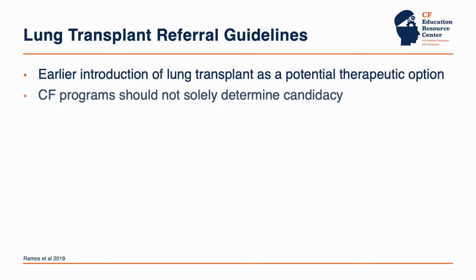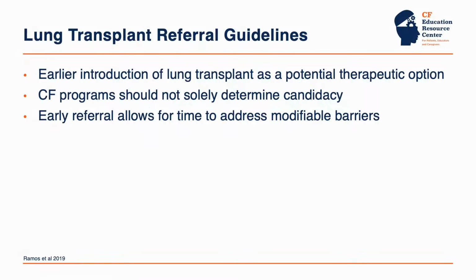So the other parts of these referral guidelines, if we summarize what the recommendations are: earlier introduction of lung transplant as a potential treatment option rather than waiting until patients are critically ill. We strongly recommend that CF programs and providers should not determine candidacy. There remain a number of misperceptions or misunderstandings as to who is a transplant candidate and who isn't.